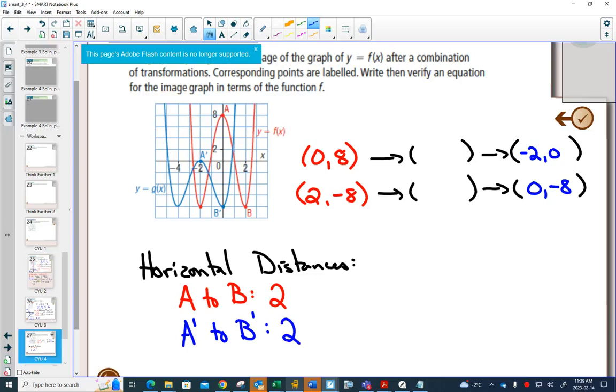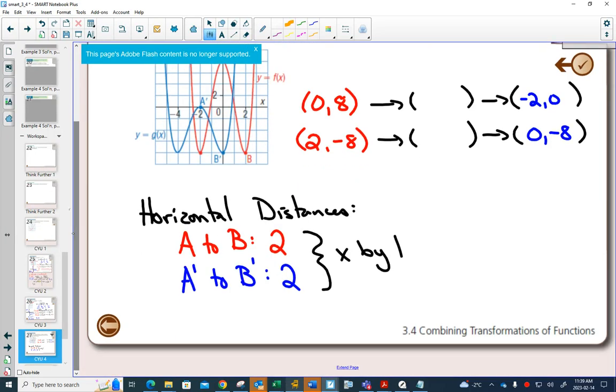I'm also going 2 to the right. When we look at our horizontal distances, they're not changing. Technically your x values are getting multiplied by 1, but there's no stretch or compression for x.